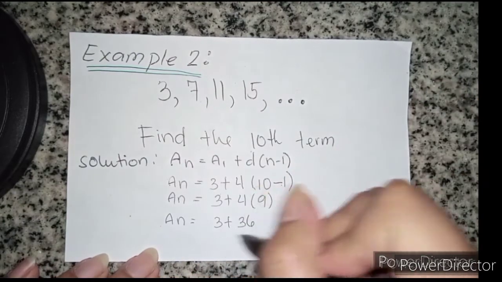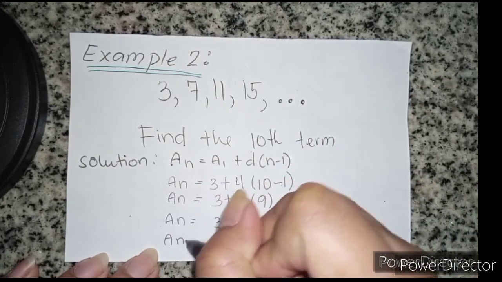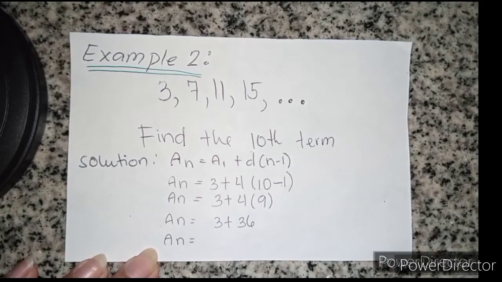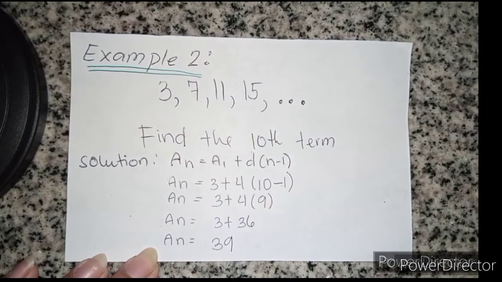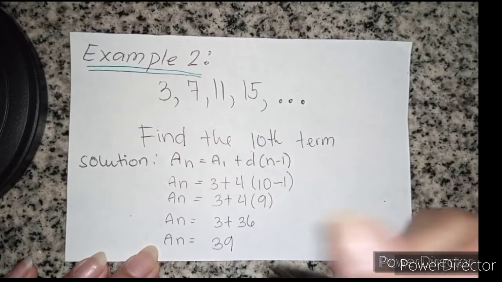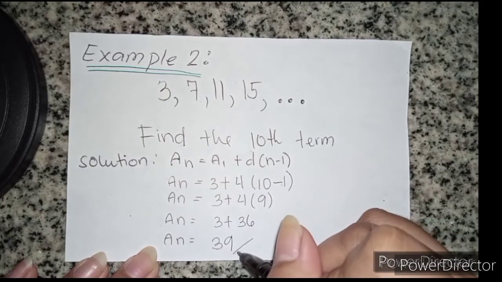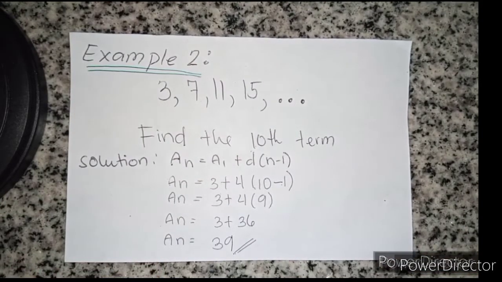Then, let's add. So an is equal to 39. So the value of your 10th term is 39. Did you get it? Okay, very good.